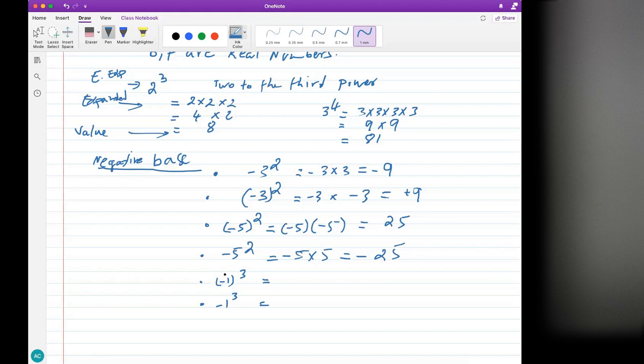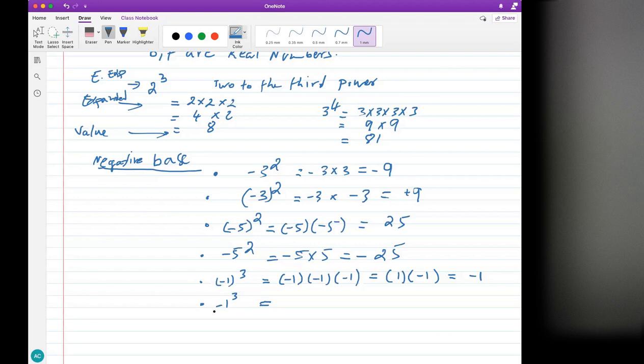So to expand this, negative 1 is the base to the third. So we're going to write negative 1 with the parentheses because that's the base, 3 times. Then you simplify two at a time. So we're going to do these two first. Negative 1 times negative 1, which is positive 1. So this is positive 1 times negative 1. This turns into negative 1. For the second one, it's a little bit different.